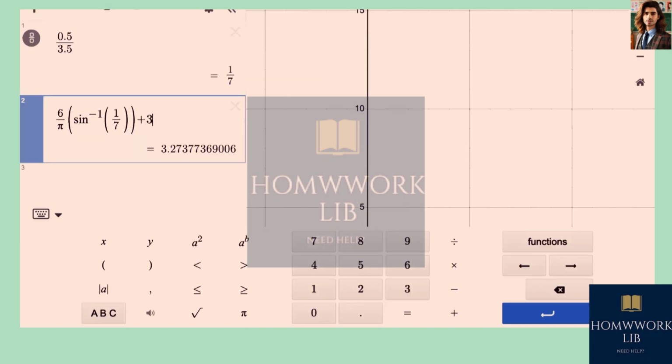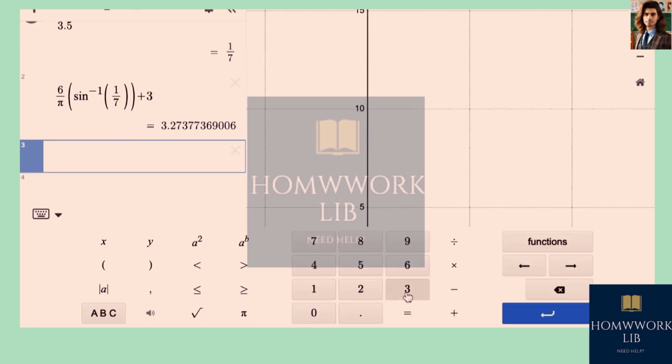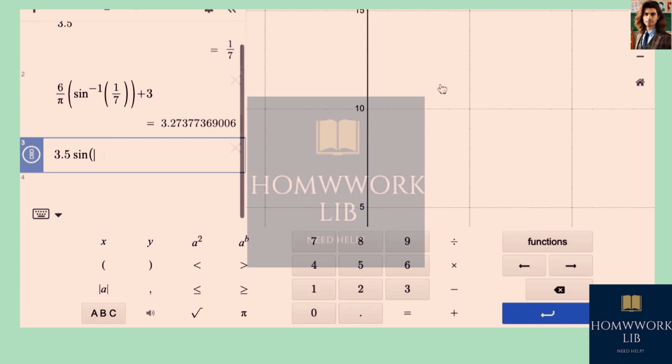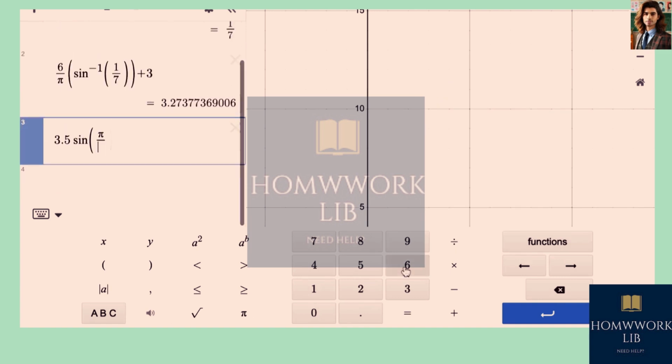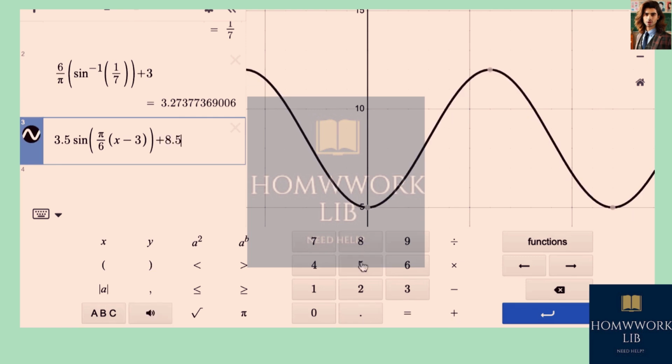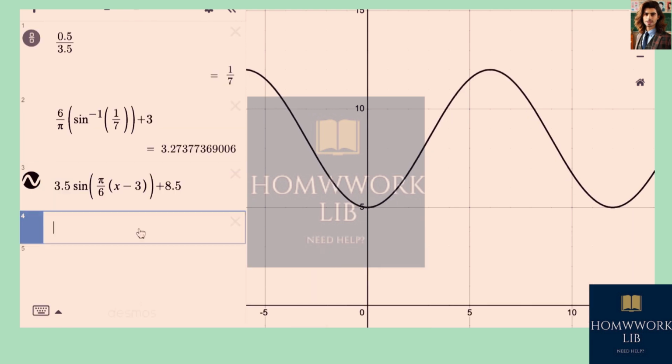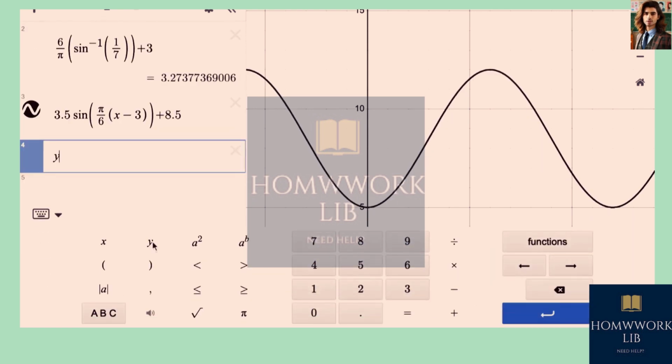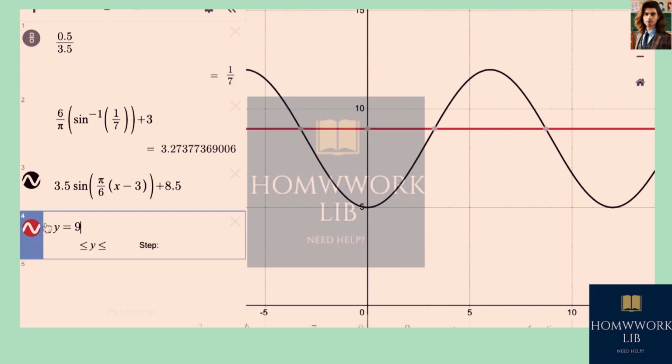We could confirm our solution graphically. Let's check. 3.5 sine of pi over 6 times t minus 3, plus 8.5. And if y is equal to 9, the first time that happens is 3.274.